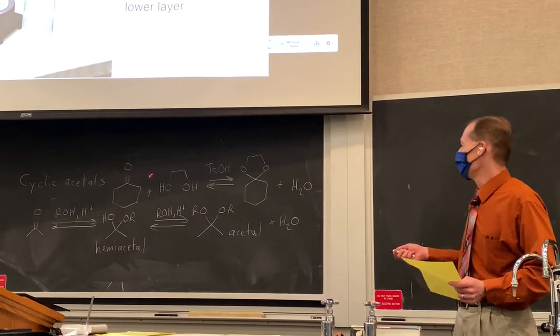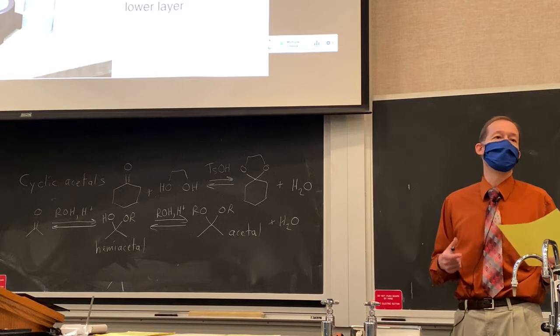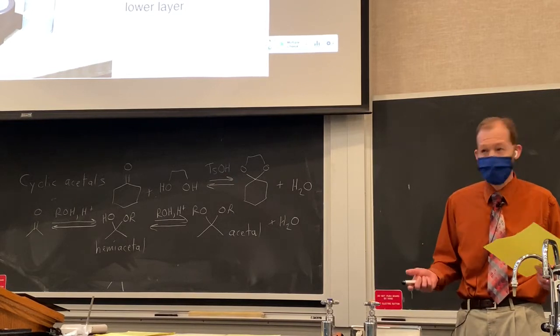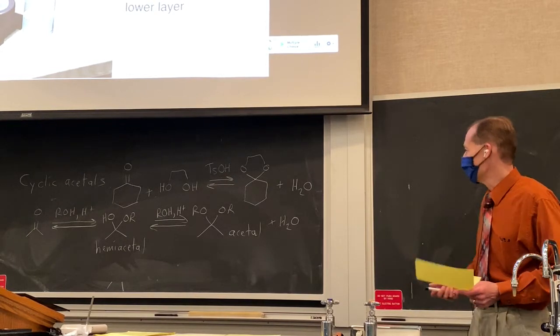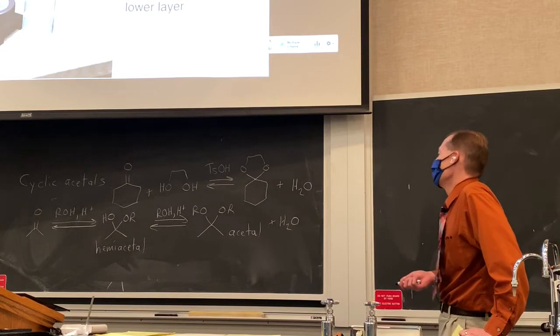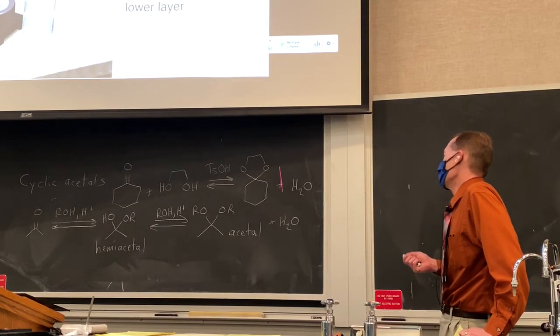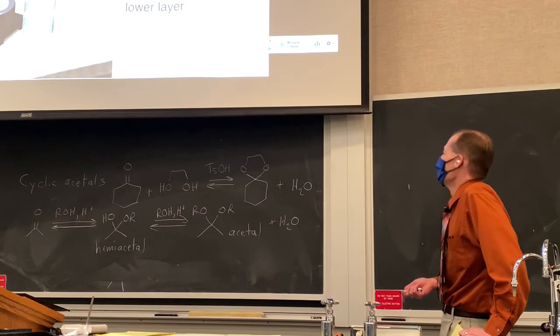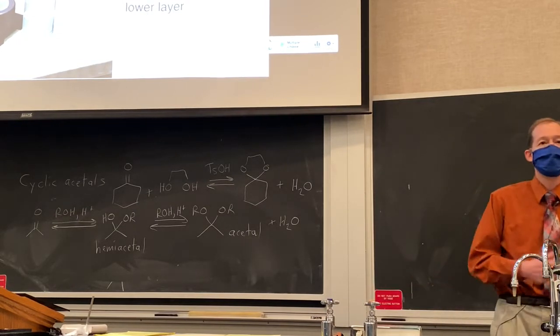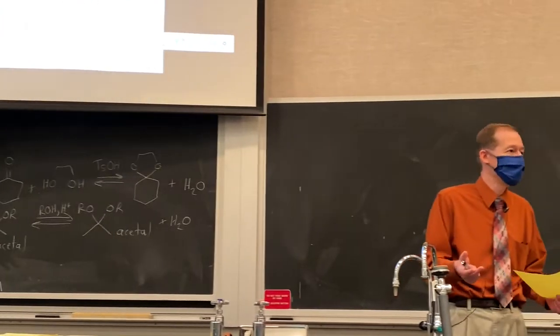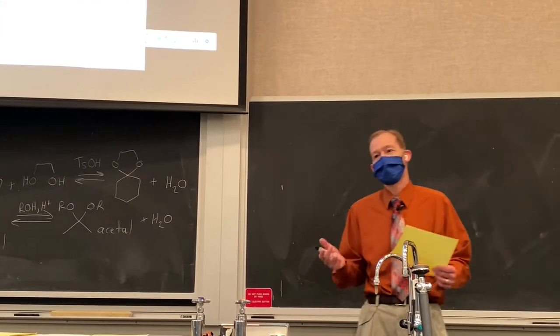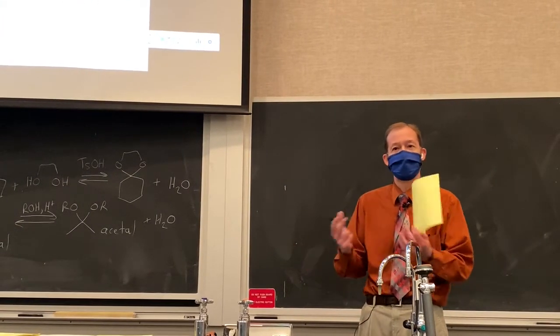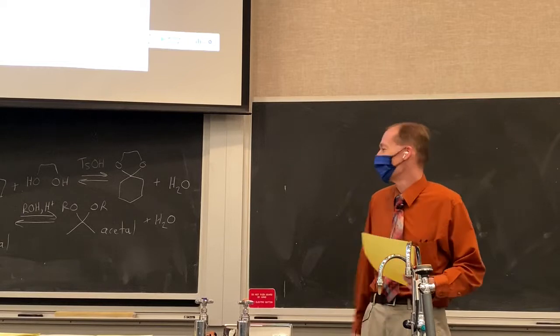So this is ethylene glycol, a very, very common diol. It's part of antifreeze. And it will react with aldehydes or ketones to make 5-membered cyclic acetals. And we'll talk about these in a moment. These are actually useful as protecting groups. They're a bit more stable than the acyclic acetals because of the stable ring size that we're forming.